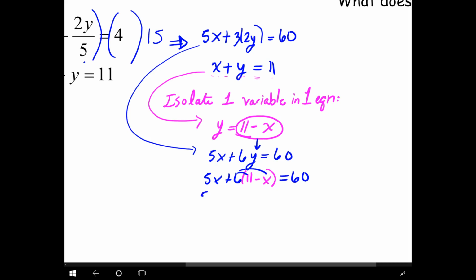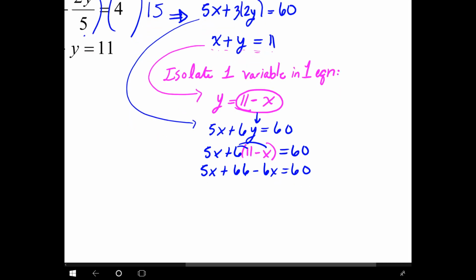Distribute that 6, giving me 5x plus 66 minus 6x equals 60. And combine like terms, 5x minus 6x is negative x. Subtract 66 from both sides, which would leave me with negative x is equal to negative 6. So obviously x is equal to 6.